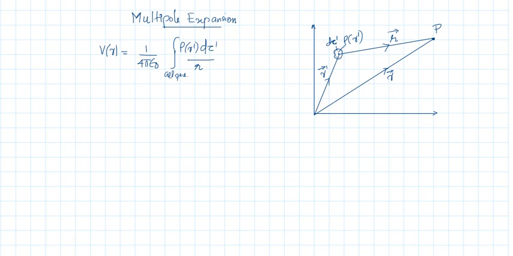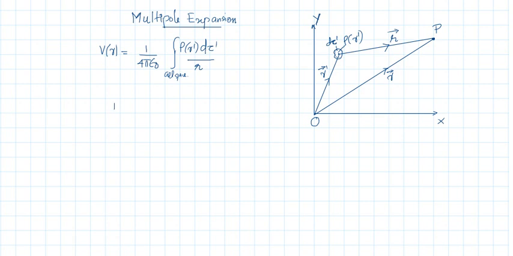Now we can express the potential at P about some reference point. Let O be the origin of this coordinate system, and let us express this potential in terms of distance from the origin.